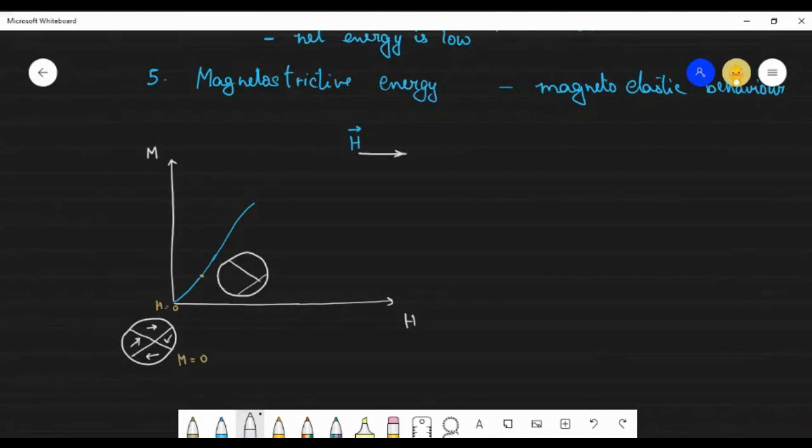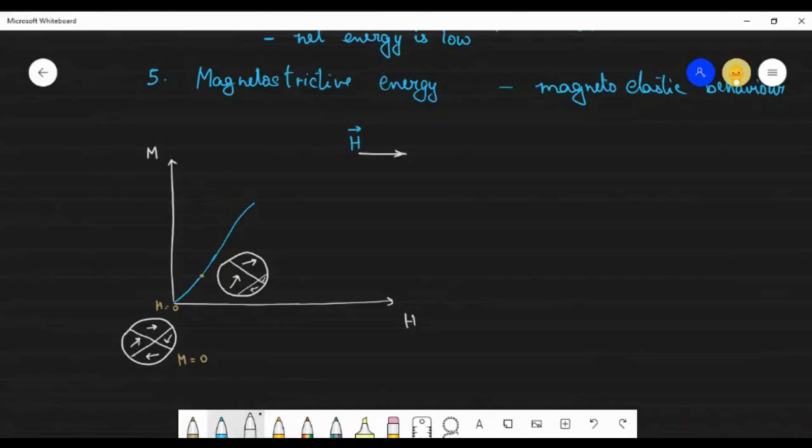That is, there is movement of domain walls such that the unfavorably oriented domains become smaller, whereas the atomic dipoles get oriented favorably, that is in the direction of the applied field. So as H increases, this is what happens.